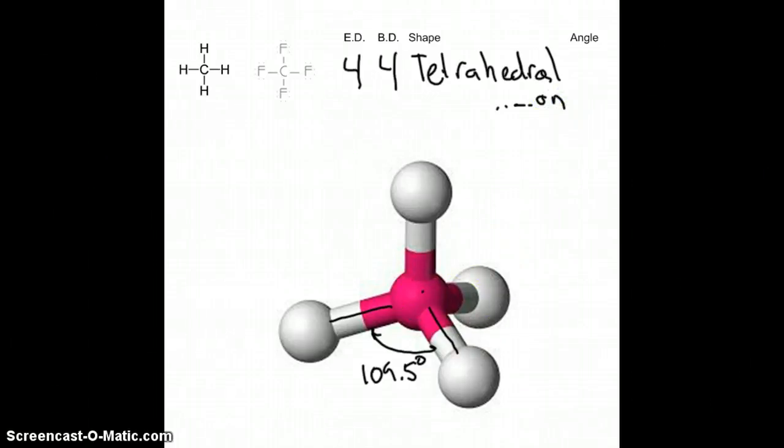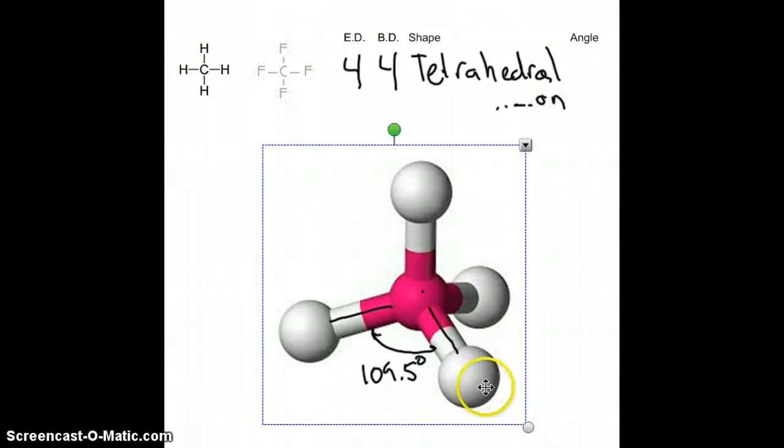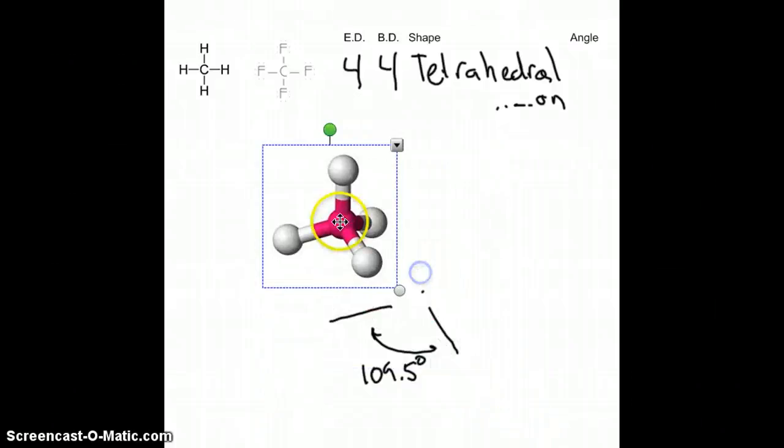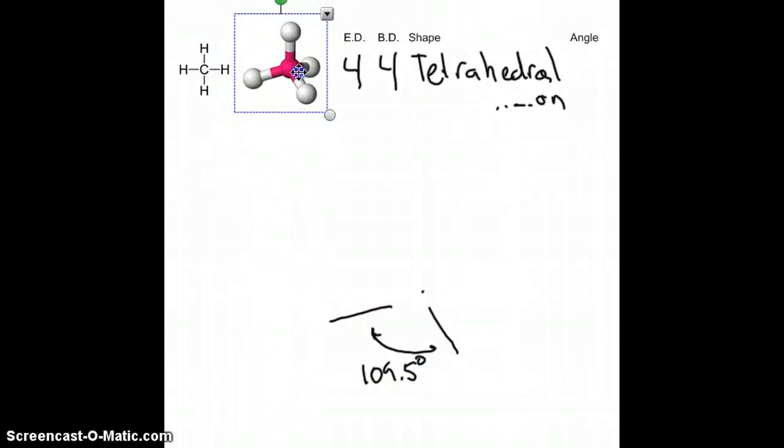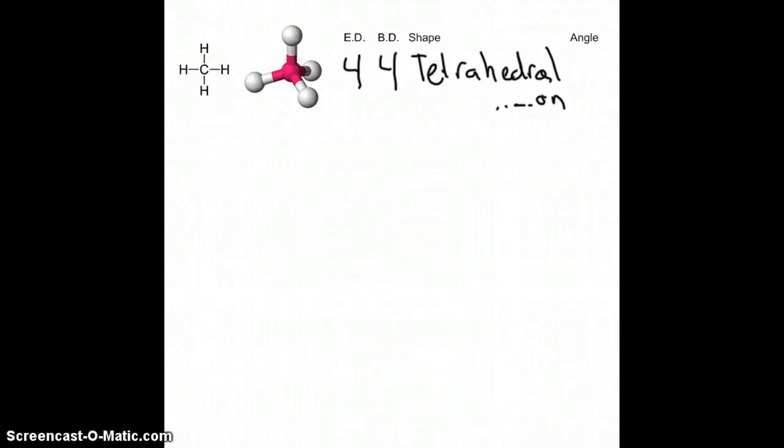So let me take this and make it a little smaller, and we'll put it right up here because that's what methane looks like. And of course I can get rid of this here. But we should probably write down that the angle of tetrahedral compounds is 109.5.